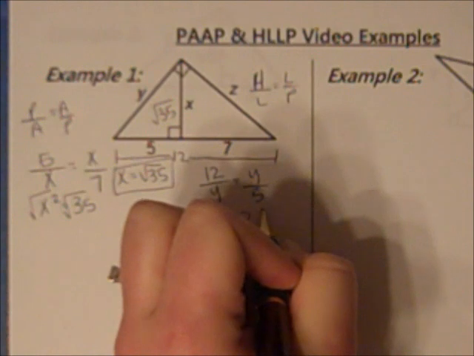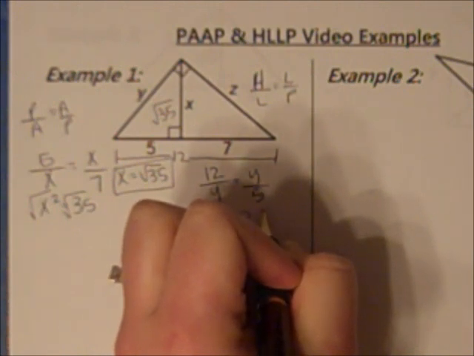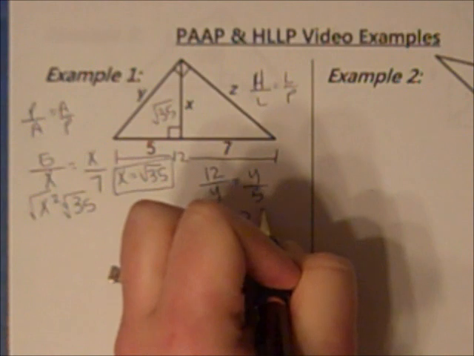In this one they gave us a part and they gave us a leg, so that means I have to start with HELP, otherwise I can't get anywhere. The hypotenuse, I don't know, I only know part of it. You could call it x plus 10, but I think that's going to confuse you.